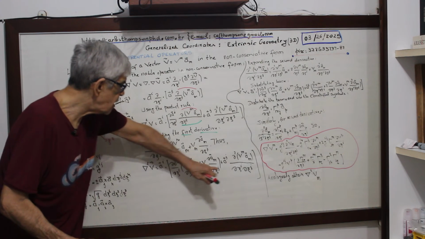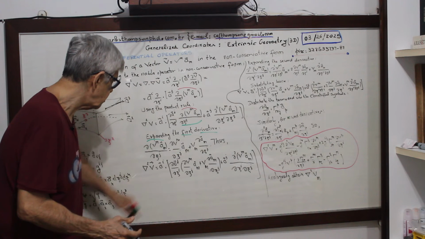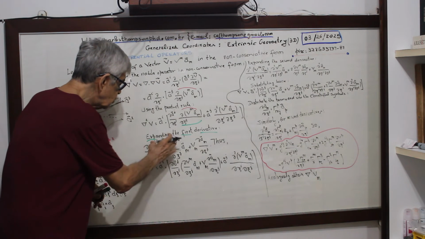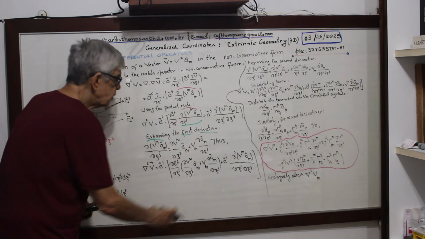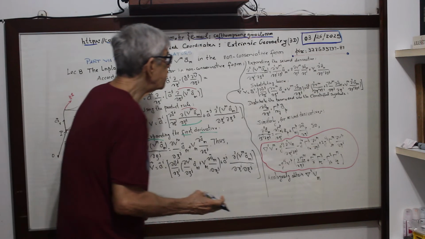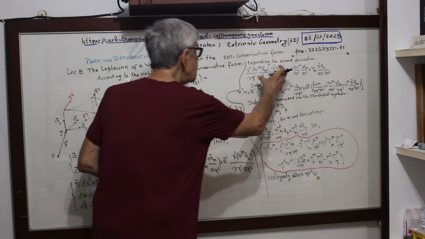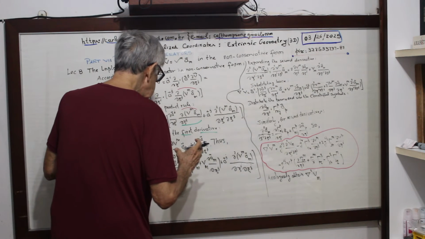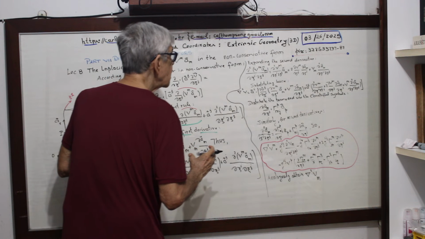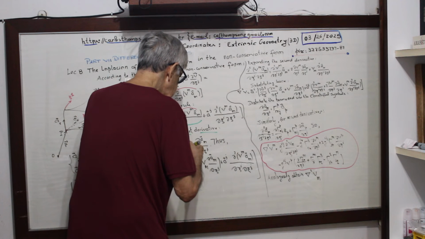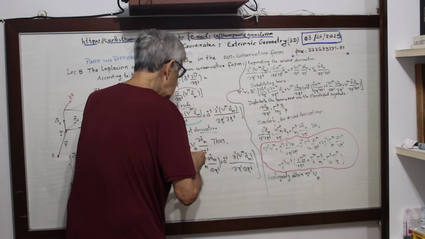So I expand this term over here, just substitute this derivative over there. And then I'll expand now the second derivative, okay? I'll expand the second derivative here. It's just this term here, see?